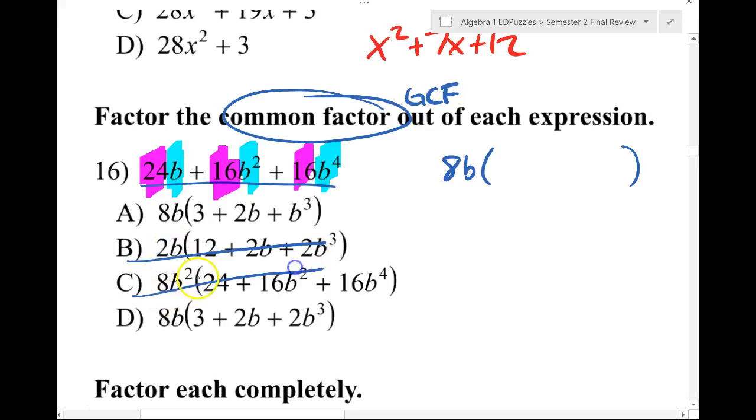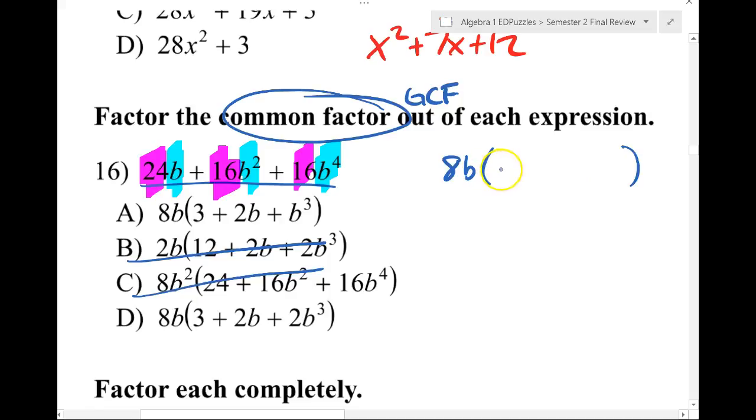And it's not C, because this has b squared. So it's either A or D. And if you look at the difference between the two, the only answer that's different is this last term. So you could just figure out what that last term is and then move on. Or you could figure out the whole thing if you want.